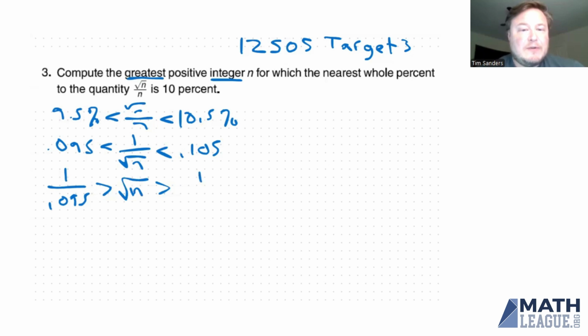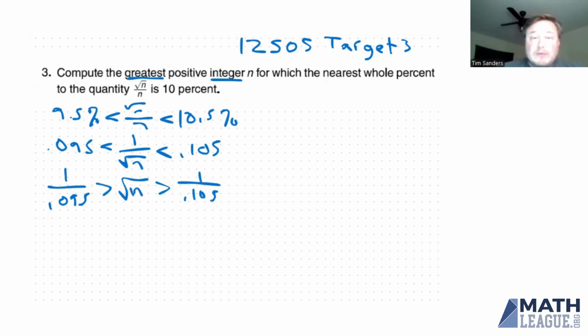And I'm going to take the reciprocal of the right-hand side, 1 over 0.105. All right. Now, next thing we have to do is we're trying to solve for n, right? So we're going to square all three sides. Now, once again, as long as all three of these numbers are positive, squaring them is not going to change which direction the inequality goes.